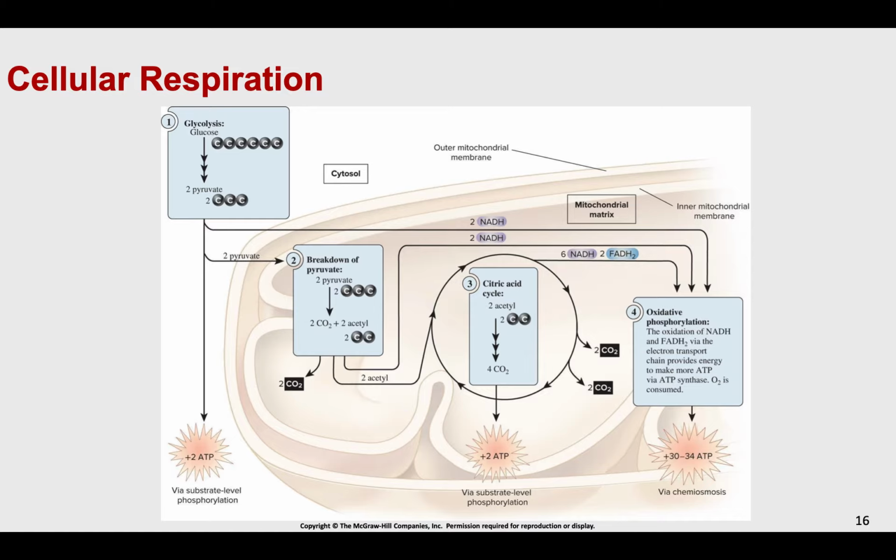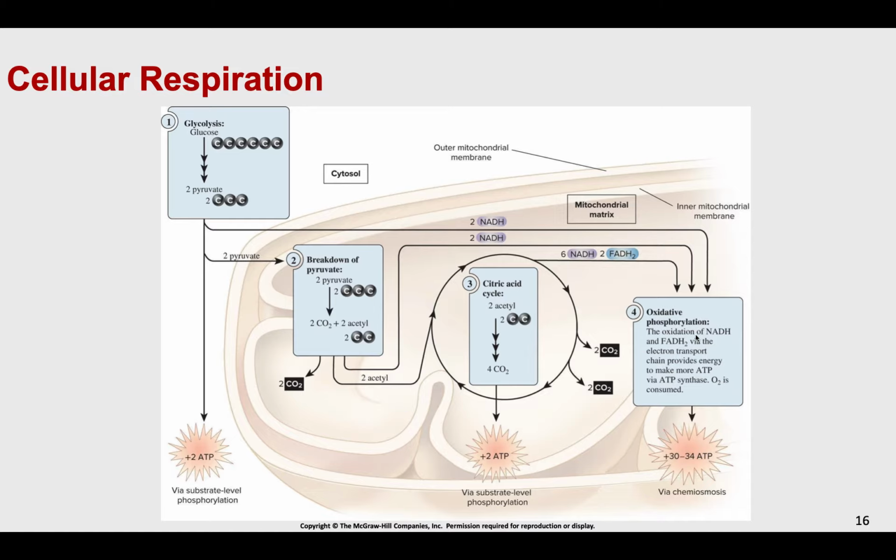And we're going to oxidize that molecule to make CO2 and ATP. Again, a little bit of ATP. CO2 is our byproduct. And again, we're producing that NADH and another molecule, FADH2. It acts very similar to NADH, so I'm not going to go too in depth on that molecule.